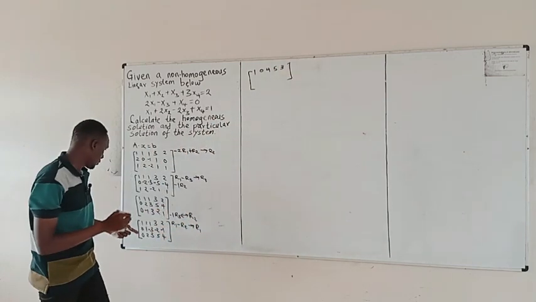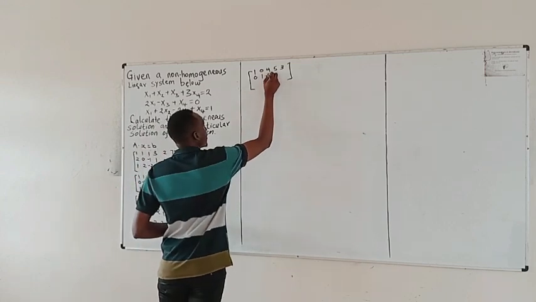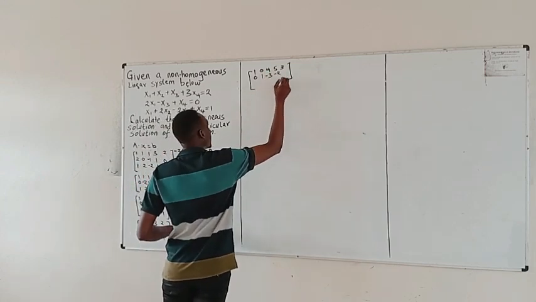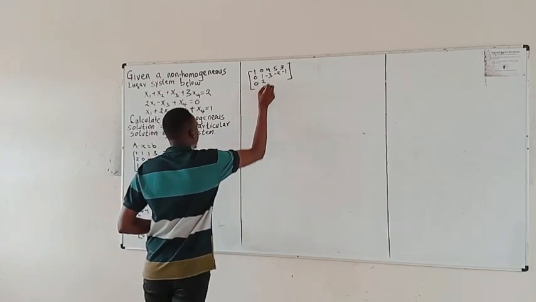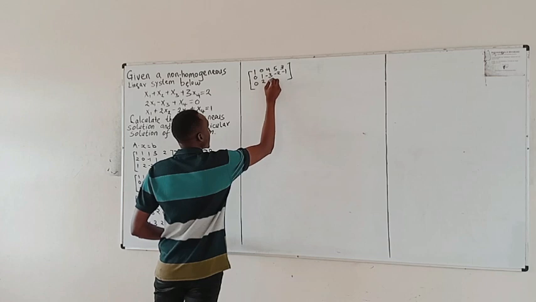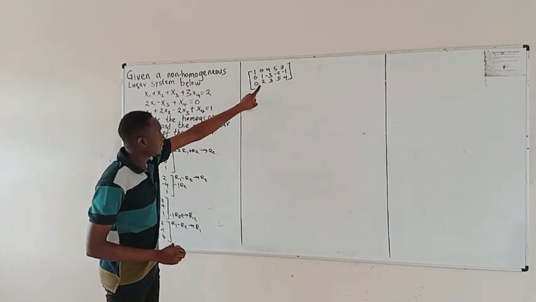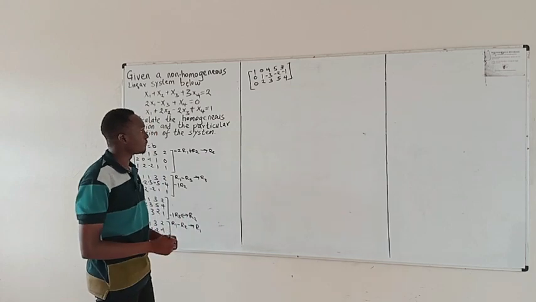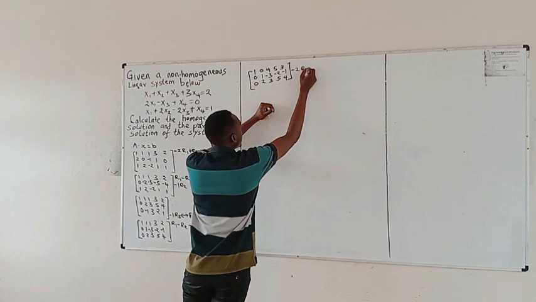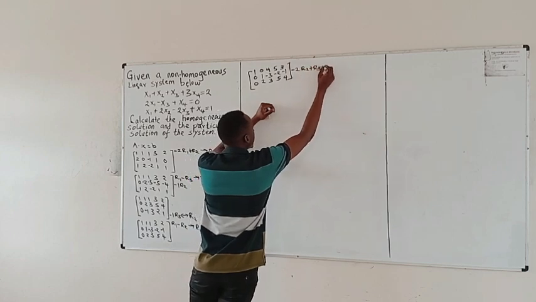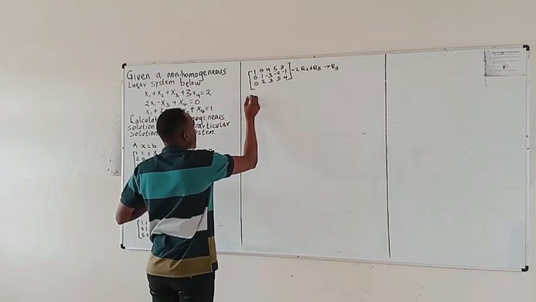We maintain row 2: 0, 1, minus 3, minus 2, minus 1. Maintain row 3: 0, 2, 3, 5, 4. We want to make 2 to be 0. We'll have negative 2 row 2 plus row 3, and our answer goes to row 3, since this 2 we want to make 0.